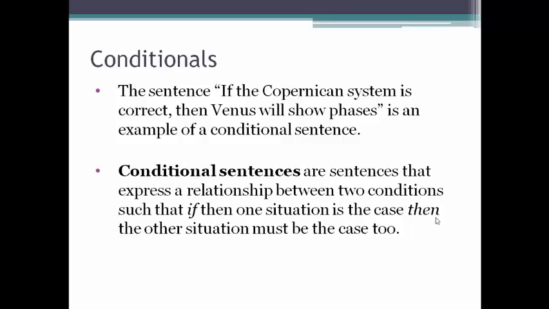So the conditional we saw earlier was if Copernicus's heliocentric model is correct, then Venus will show phases. If the one situation obtains, then the other must be the case too. So if throughout discussions in this chapter we talk about conditional sentences, this is the type of sentence we're talking about. We're going to cover conditionals even more when we move on to chapter 8.